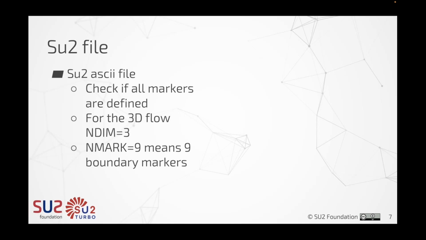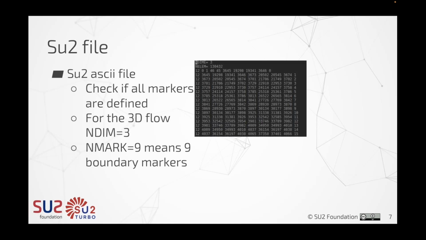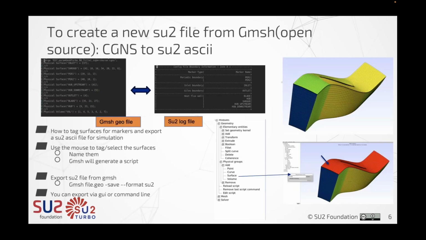So this is the SU2 file, Alessandro just went through it, so I'll go over it again. The important thing is that when you do 3D geometries with the GMSH export, you need to watch out that NDIME should be equal to 3. This is important.